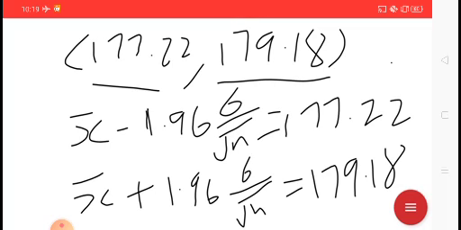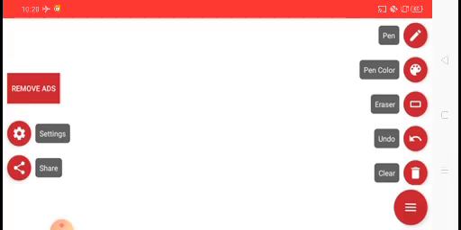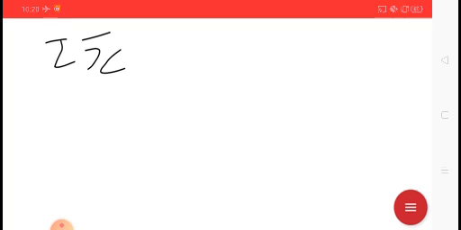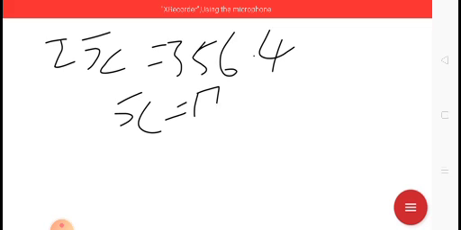You may use equation 1 plus equation 2. That will be equal to 2 x bar, which is equal to 356.4. So you get the sample mean, which is 178.2.